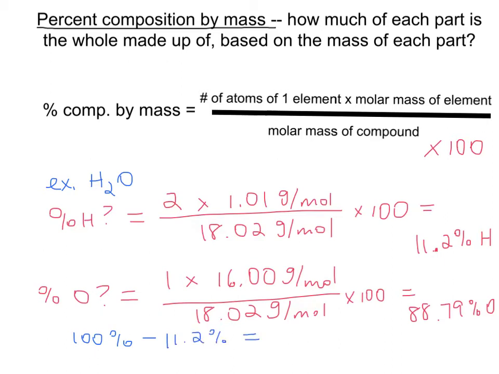That will give us 88.8%, and that's our percent of oxygen. Notice that that is very similar to 88.79, just a difference of sig figs. So that is the other way to find the percent of the other part, which in this case is oxygen.